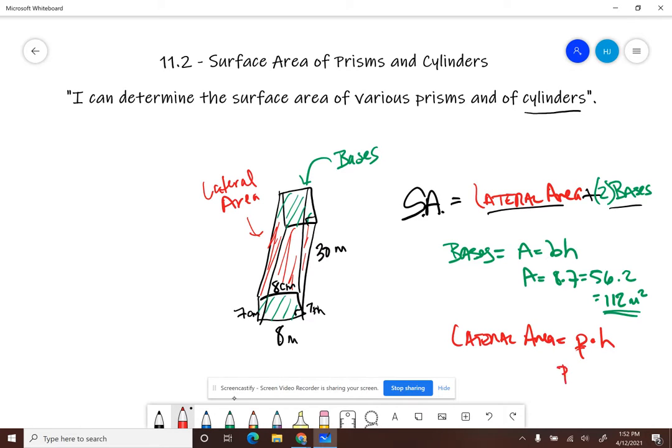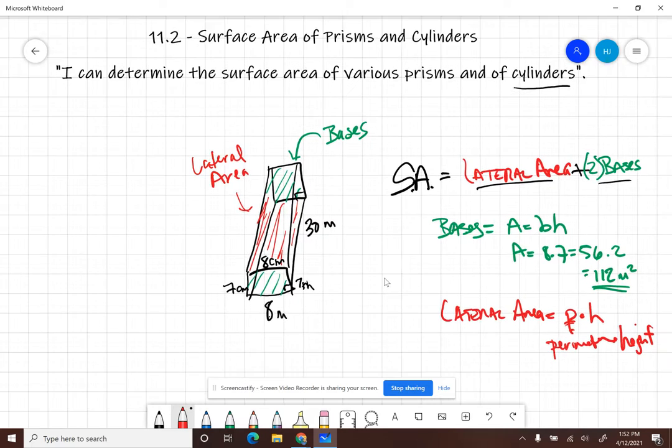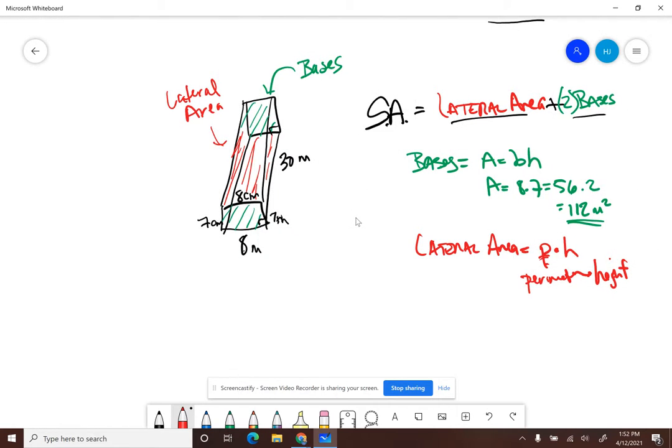Well, P would be our perimeter, okay, and H, of course, would be our height. So let's think about this particular one. If we're talking about the perimeter of this thing, then I'm going to take this 8 plus the 7 plus the 8 plus the 7 again. So I've got 14 plus 16, which is going to equal 30.